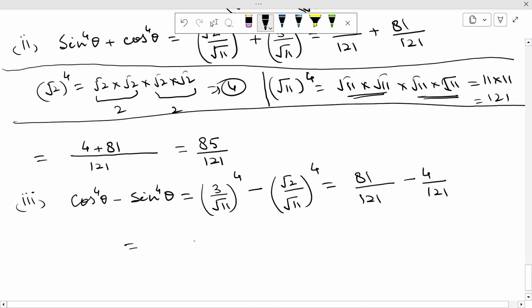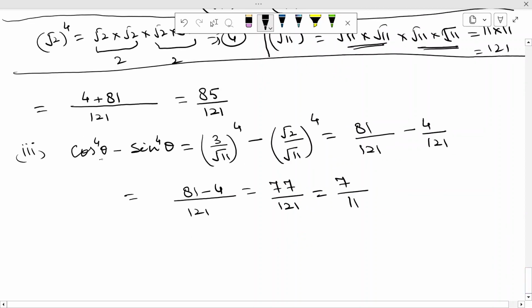If you take this 121 as LCM, this is coming out as 81 minus 4. That will be 77 over 121, and you can cancel this by 11. So you will obtain 7 over 11. This is how we can obtain the value of cos to the power 4 theta minus sine to the power 4 theta, which is coming out as 7 by 11.